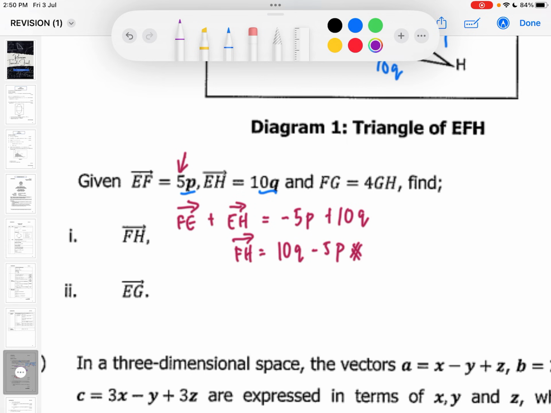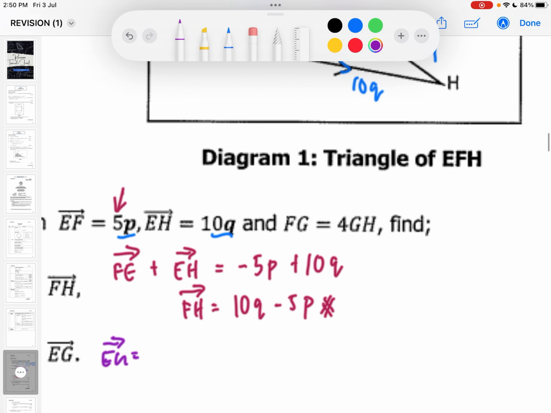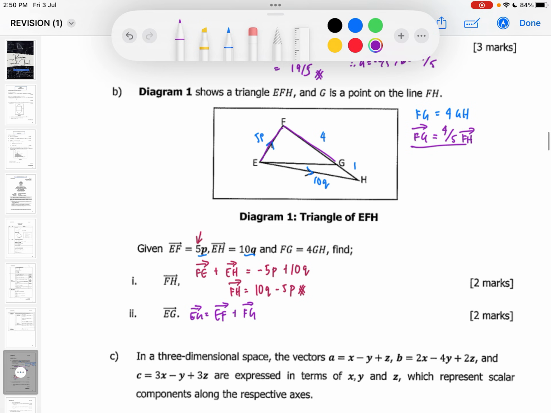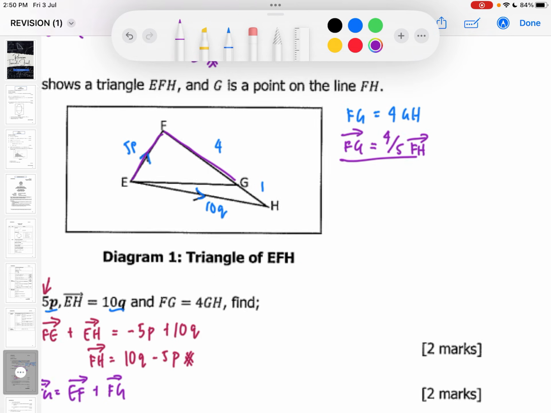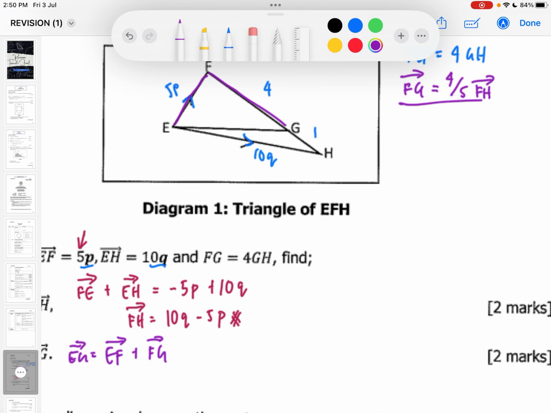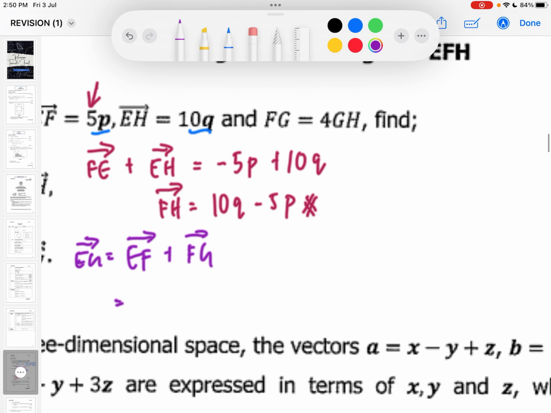EG, I think I can use EG equals EF plus FG. Yeah, let's do that. Earlier I found that FG is 4/5 of FH, and FH is over here. So we have all the information required. Let's just add everything up.